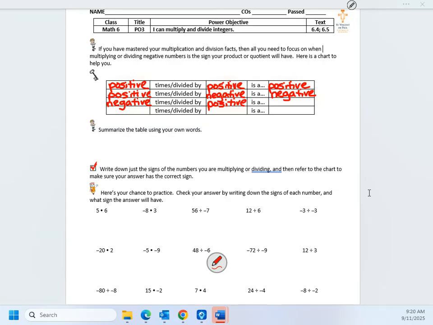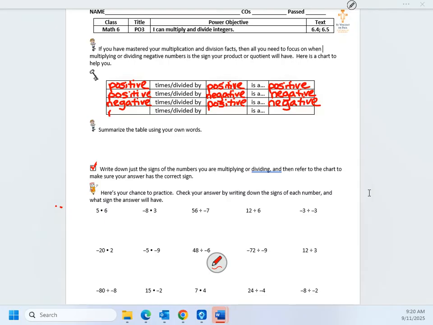They're not the same. Negative. So it doesn't matter if that negative is second or if it's first. If they are not the same, positive and negative, negative and positive, your answer will always be a negative. So when you have both the positive and negative in your problem, the answer will be negative.